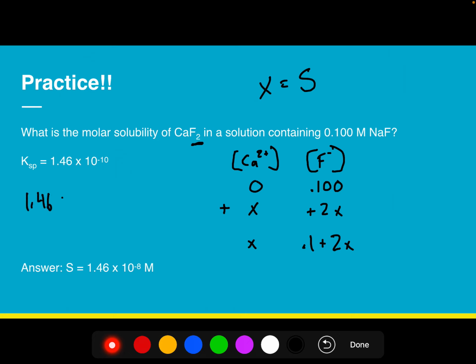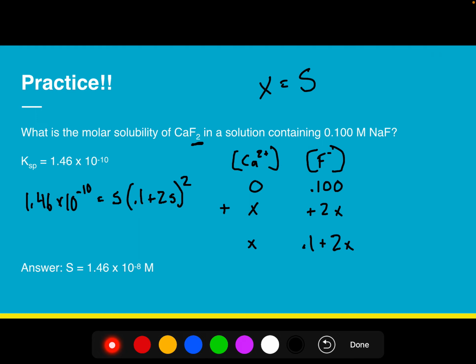So 1.46 times 10 to the negative 10th is equal to, and remember all these are products, so I don't even need that line. I'm going to convert them to S now, times 0.1 plus 2S, and then I have to square that one.